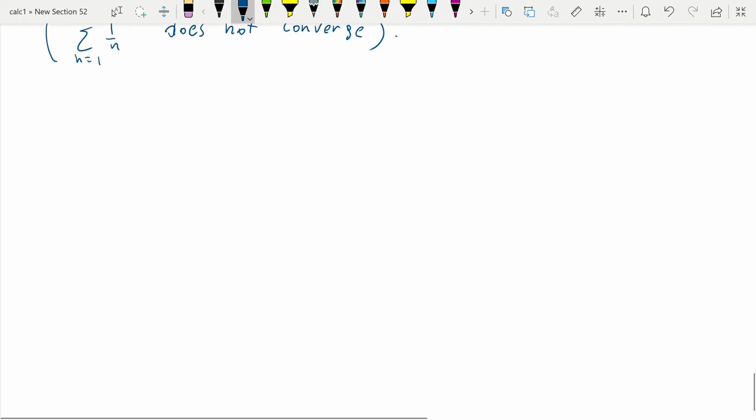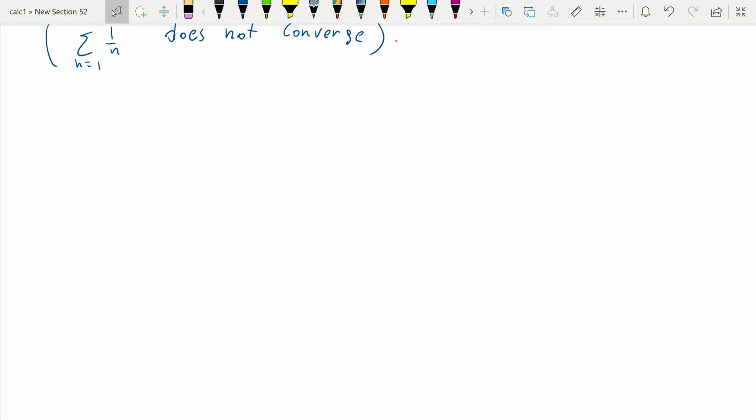Right, and there are other series that converge. I mean, the geometric series, like the sum of 1 over 3 to the n, minus 1, the sum of minus 1 to the n plus 1 over 2 to the n also converges absolutely, just like the sum of 1 over 2 to the n, because they both have the same associated series of absolute values.